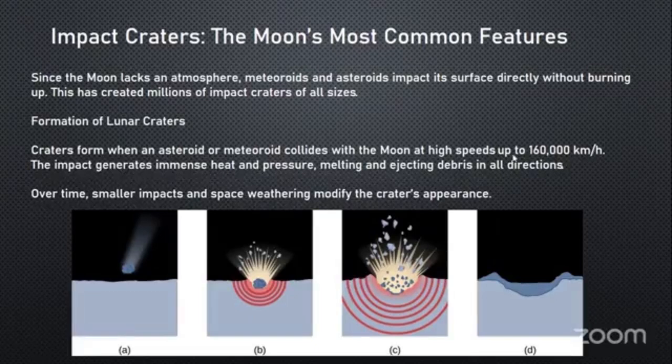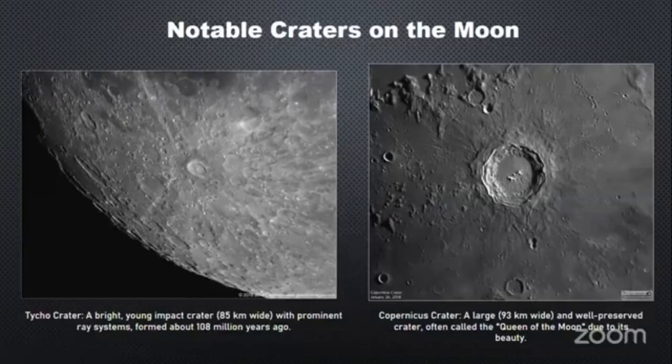Over time, smaller impacts and space weathering modify the crater's appearance. Here is a picture demonstrating it falling to the surface. Here is the impact. Here is when it starts to melt and eject debris in all directions. And here is the aftermath.